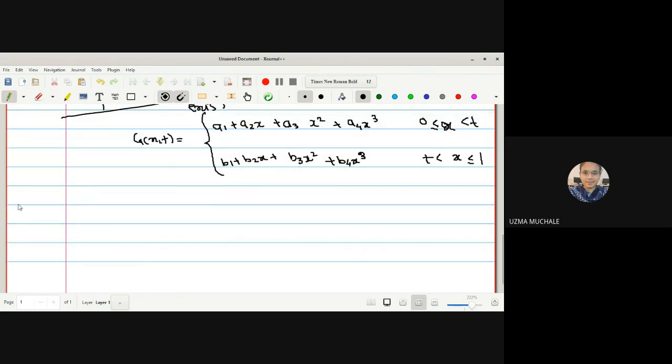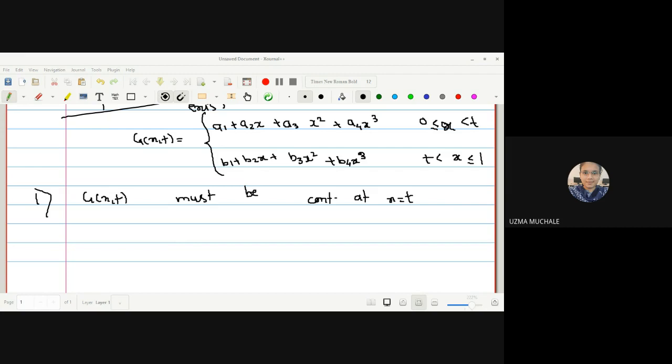First one, g of x,t must be continuous at x equal to t, which means that we have to equate these two terms. G1 should be equal to G2 because it is divided into two intervals.